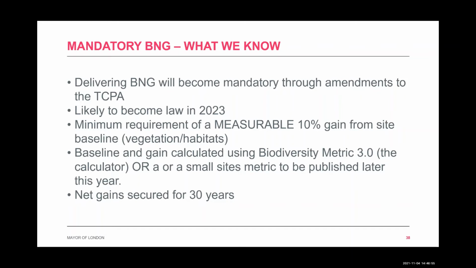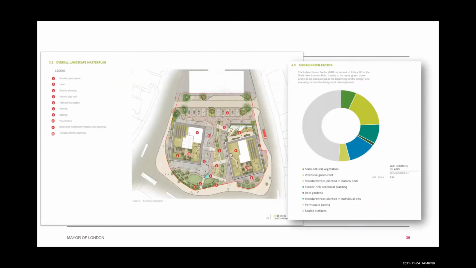So they are quite different, but what we are seeing in schemes that are coming through already where the UGF is being used alongside mandatory biodiversity net gain is that because a lot of schemes in London start with quite a low baseline level of biodiversity as measured by government's metric, as long as the UGF is met and high quality greening is provided through that, that is a way to meet the 10% net gain requirement.